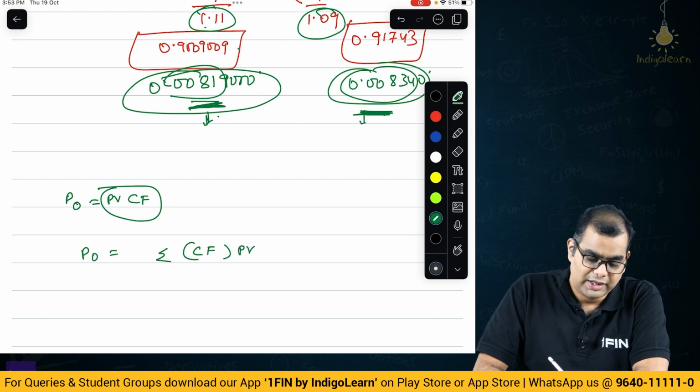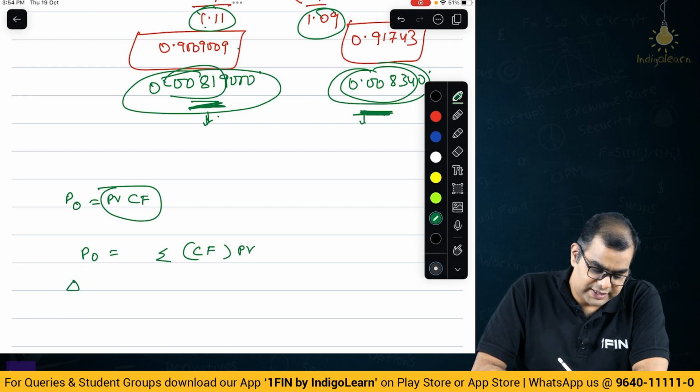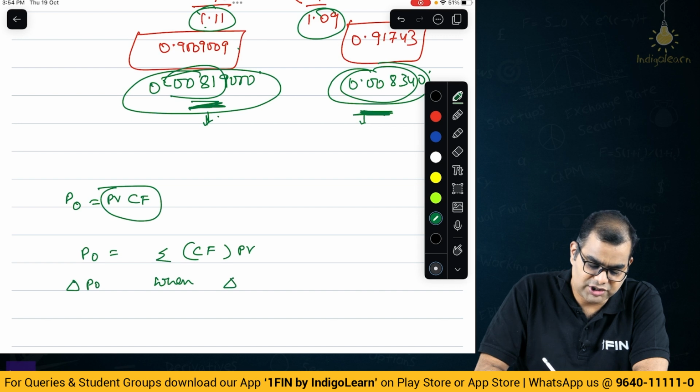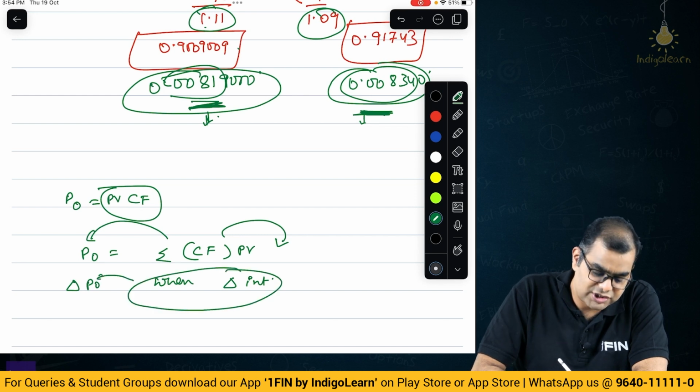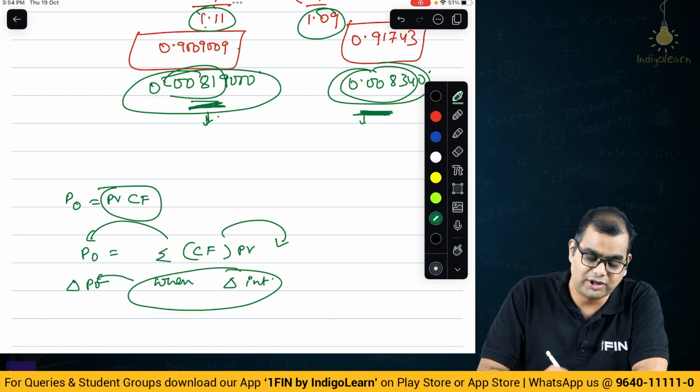Okay. What is the change in price, delta P0, when there is a small change in interest rate? So, here there is a change which leads to a change here. So, when there is this small change, what is the change here? So, how do you compute this?